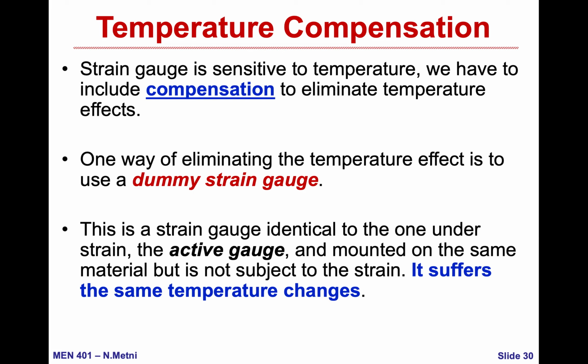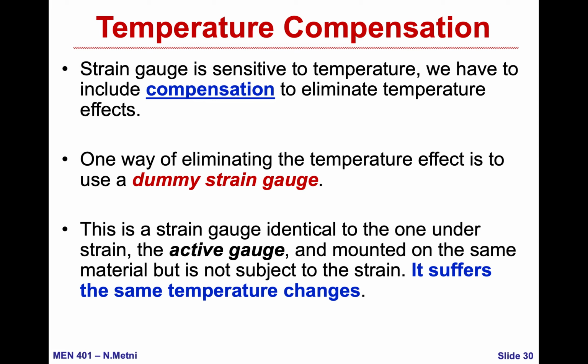So for example, if I'm using a strain gauge and I want to measure strain in a cantilever beam, if temperature on this cantilever beam increases, I am seeing a delta R which is positive, however there is no strain. So this is a problem in most resistance sensors that are based on resistance change.